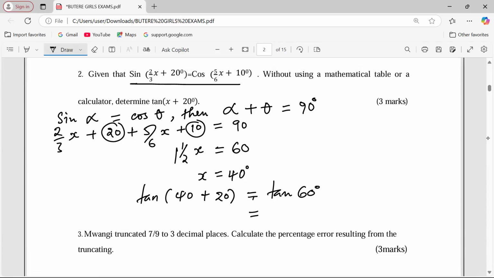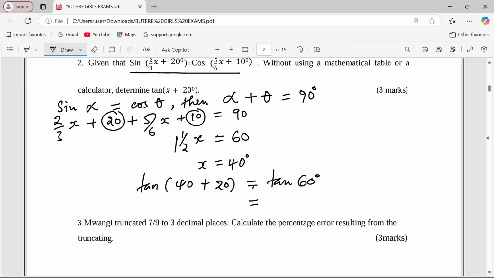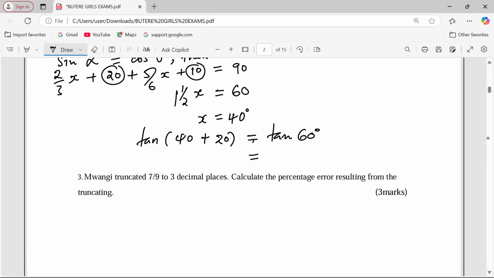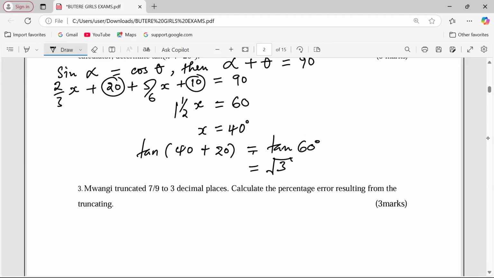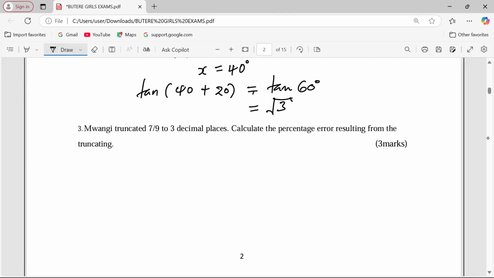Remember, the tan of 60 degrees can be done as the tangent of the special angles, where it can be given in surd form, and that is the square root of 3. So the square root of 3 gives us tan 60 without even using a calculator or a mathematical table.